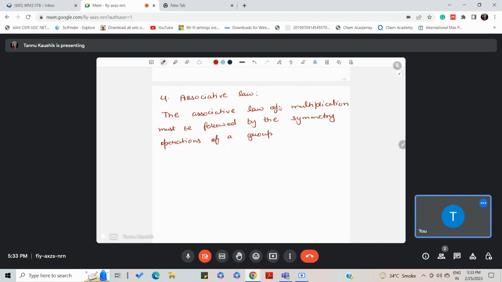That is, this is the associative law of multiplication.